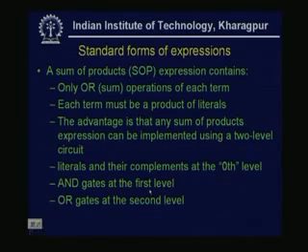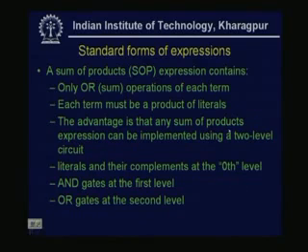Now, we already read in the last class about standard forms. In the standard forms only OR operations of terms exist, and each term must be a product of literals, what we defined as a sum of product. Now, what is the advantage?